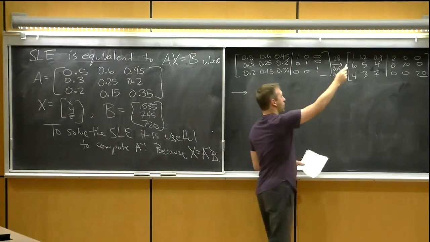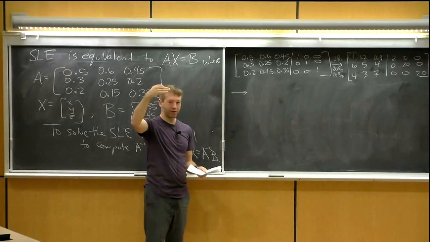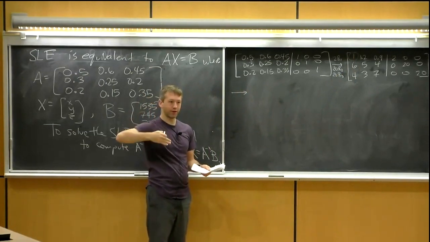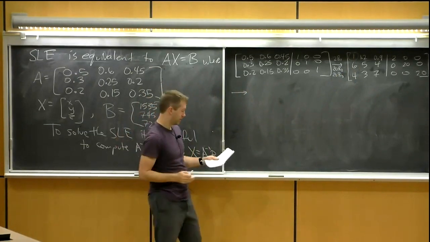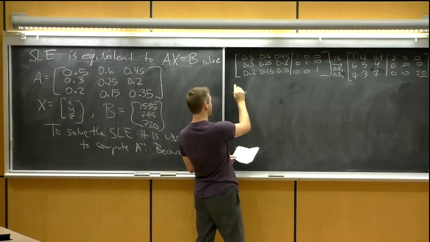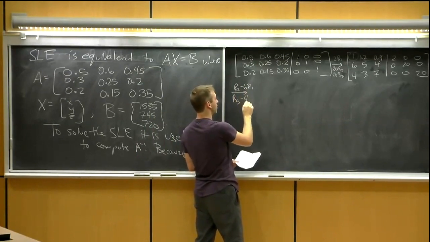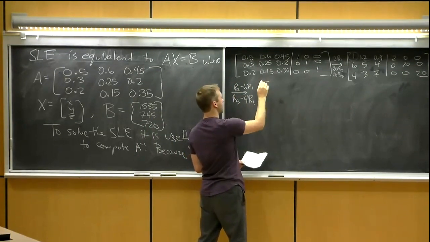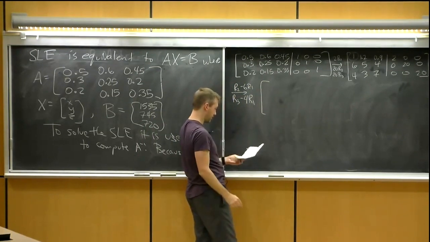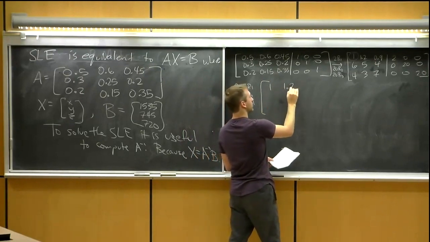Okay, so I've got my 1 in the correct position, and now I want to use it to get zeros on the other rows in that column. So I'll take row 2 minus 6 row 1, and row 3 minus 4 row 1, which doesn't change my first row.